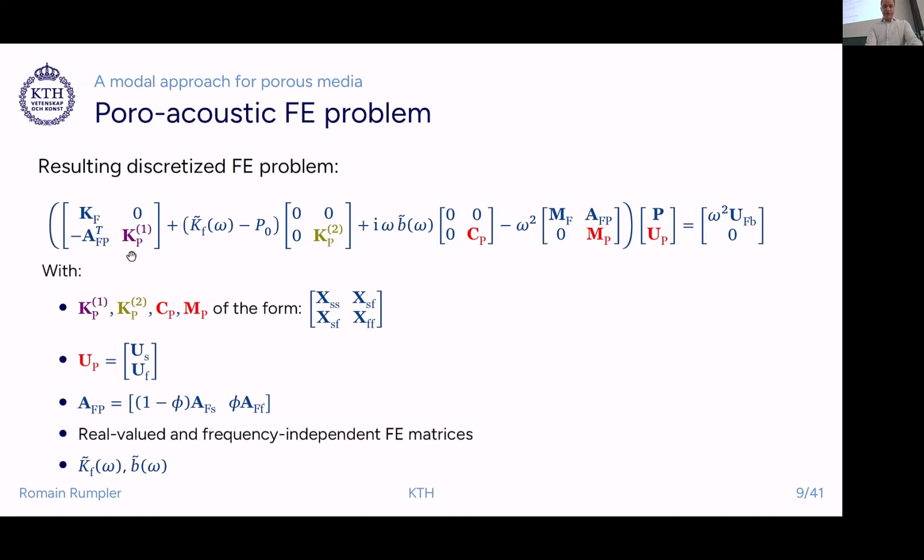And here comes the question: can we build an eigenvalue problem for the porous part built exclusively on the low frequency part of the stiffness porous matrix and the mass matrix that we have here? How suitable would that be for projecting also those other two submatrices on those modes?